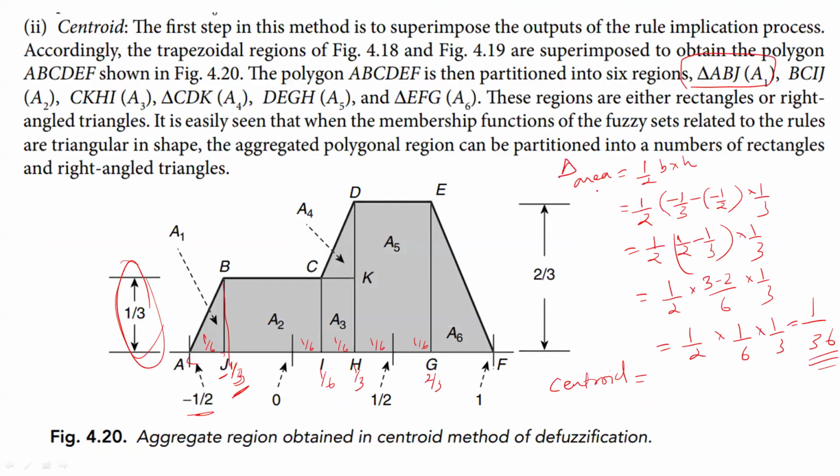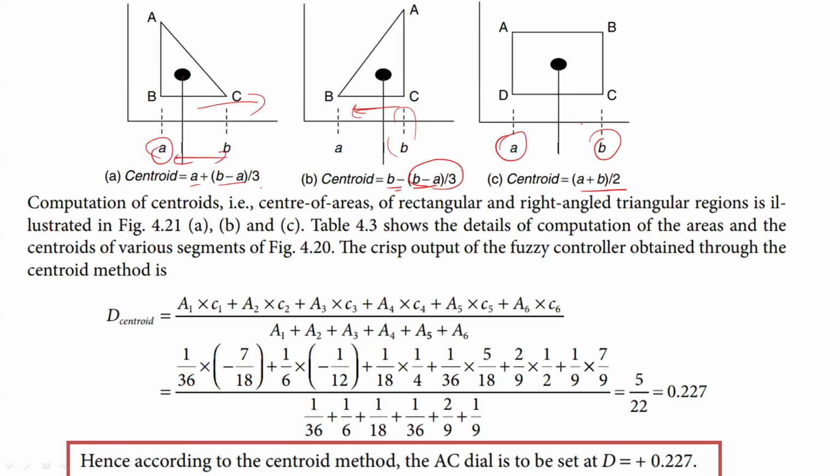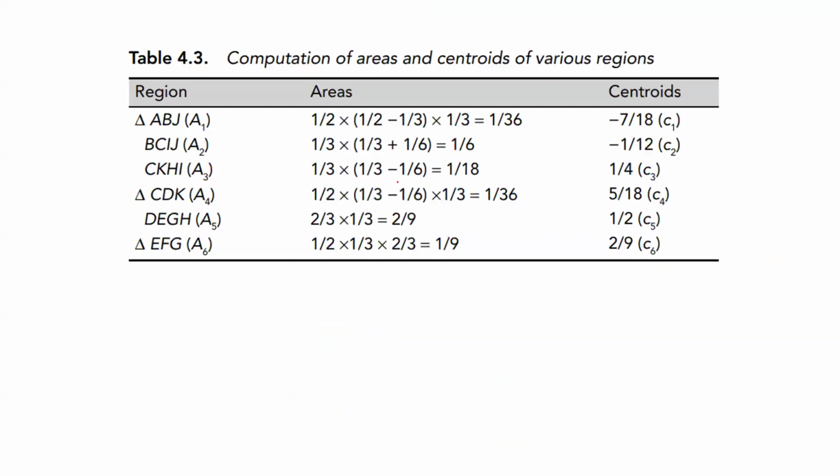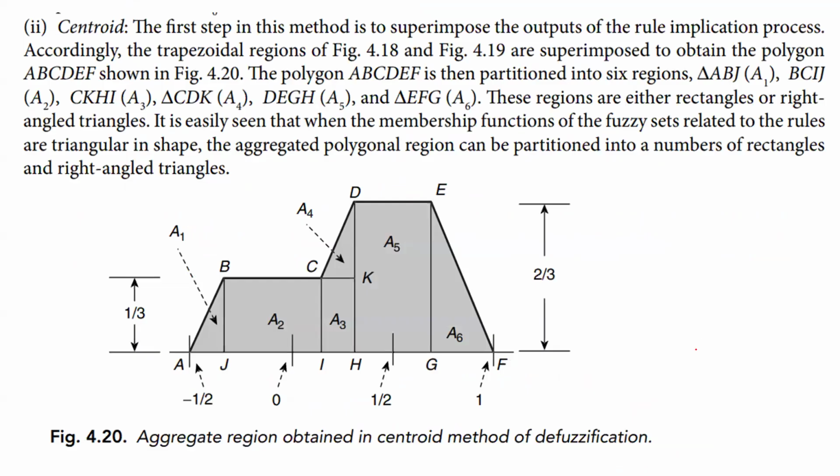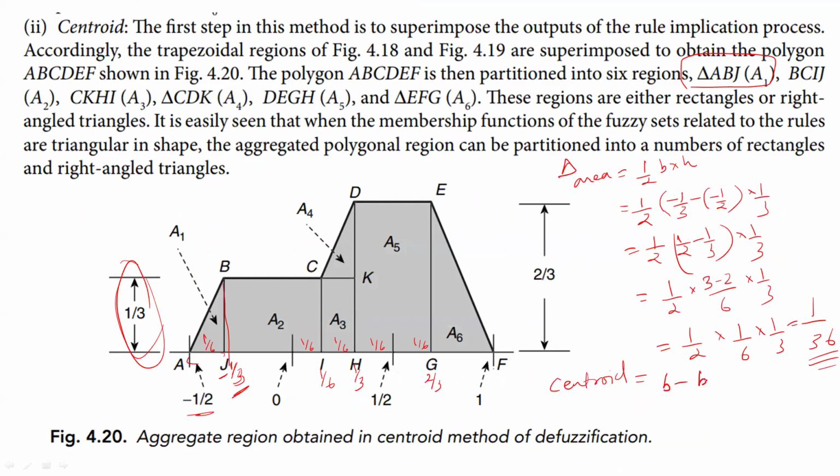In our case, it is a left facing triangle. So this will be our equation, b minus a by 3. Let us write that b minus a divided by 3 is how we find the centroid. Now what is the value for b? B is minus 1 by 3 minus the quantity minus 1 by 3 minus 1 by 2, the whole divided by 3.